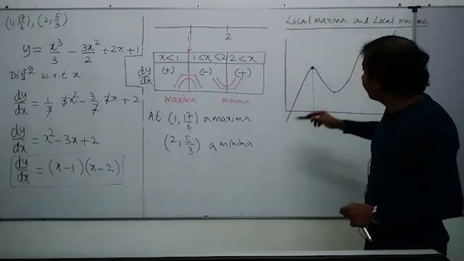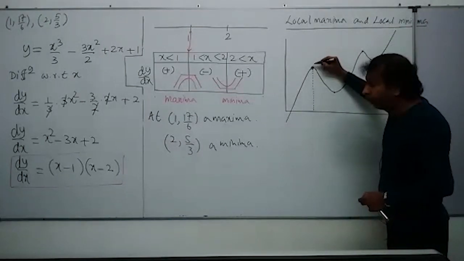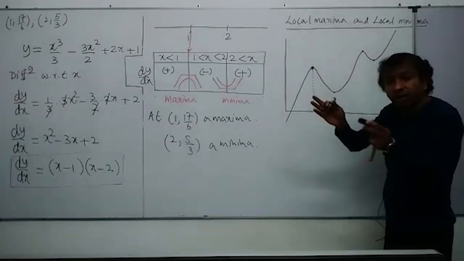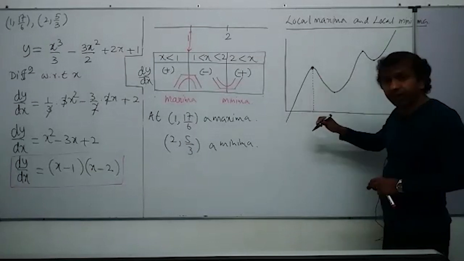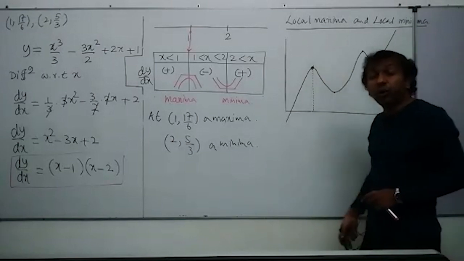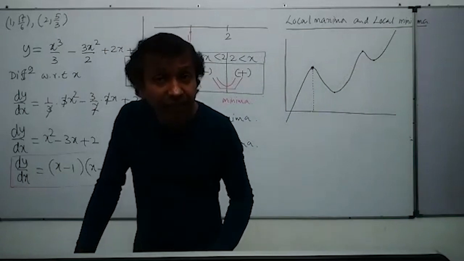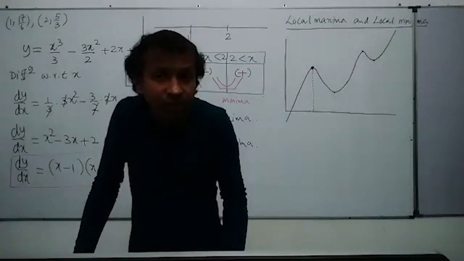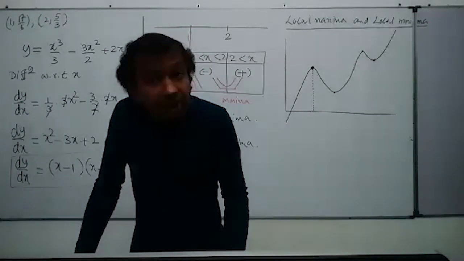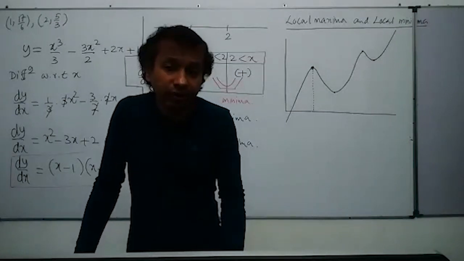When we consider very close points on the right and left of this point on the curve and find its y values, those y values are less than this. Then, people, this point is called a local maxima. It has the maximum y value. That is why it is called a maxima. Its y value is greatest compared to neighboring points on either side of that point.